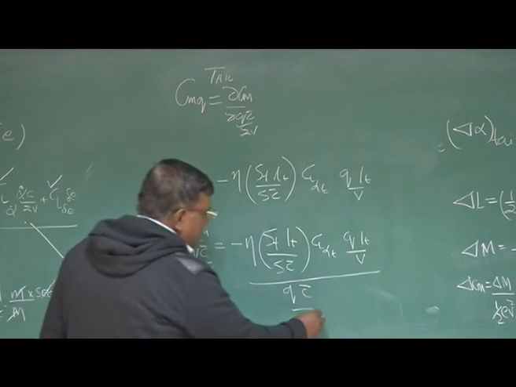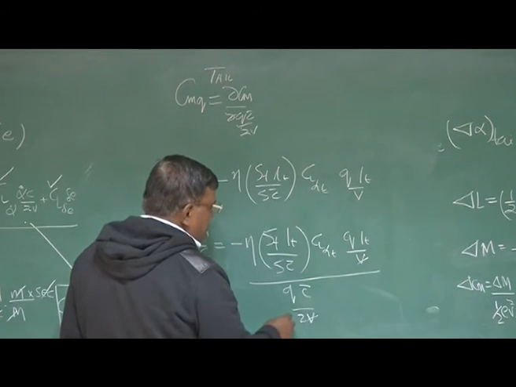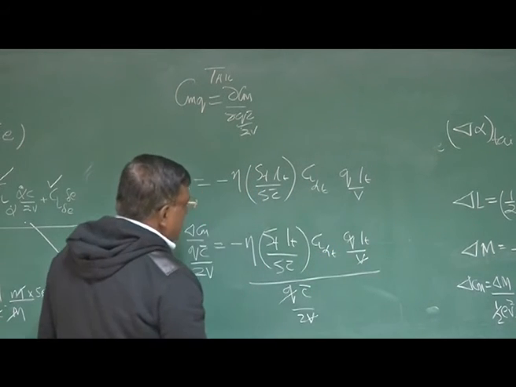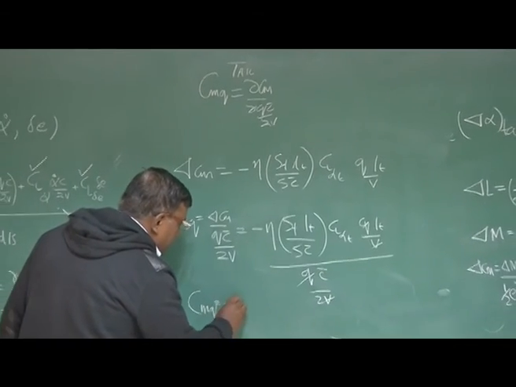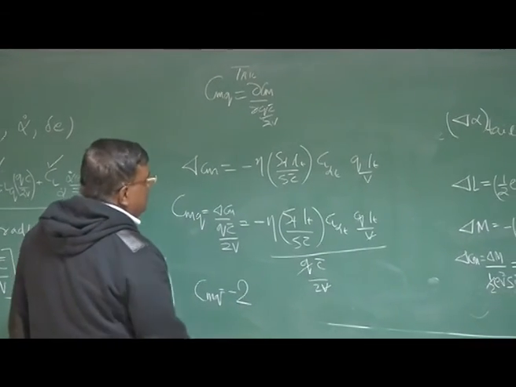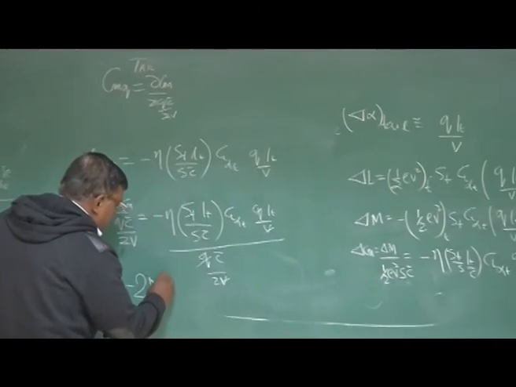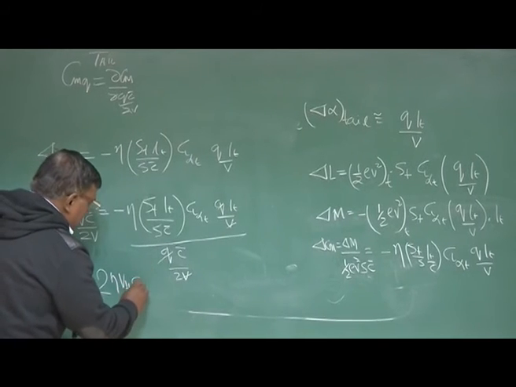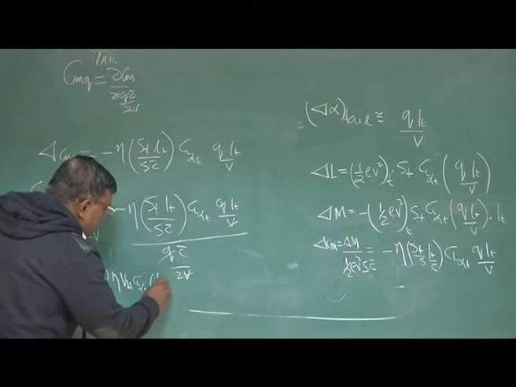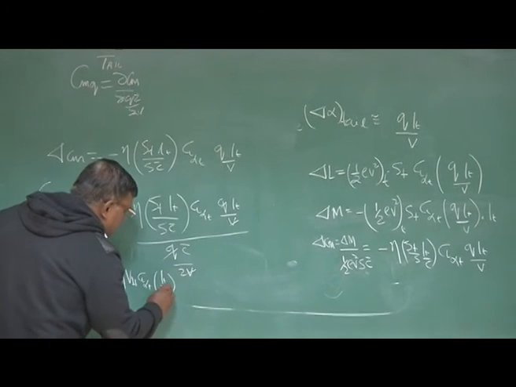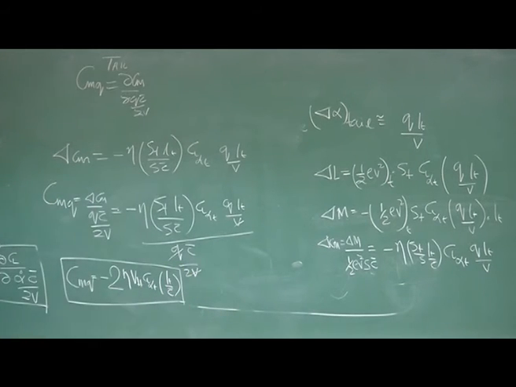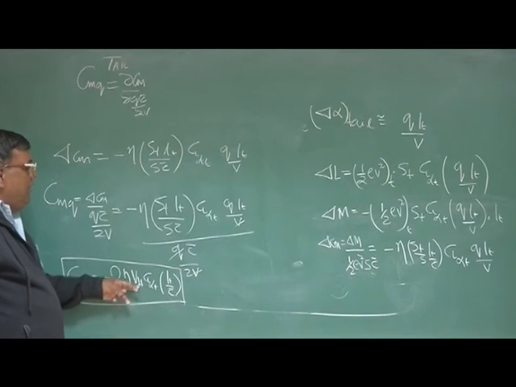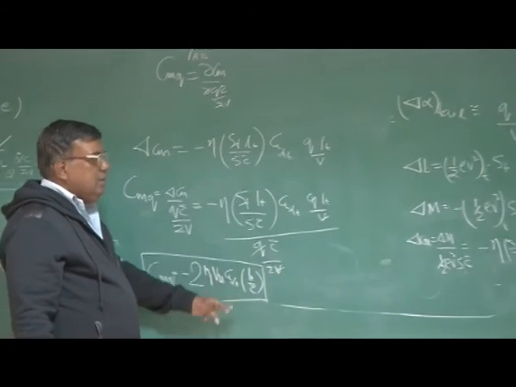You could see V gets cancelled, Q goes. So you have C_mq as minus 2 eta V_H C_L alpha tail into L_T by C bar. Such a neat expression. What is C_mq? C_mq is minus 2 eta V_H C_L alpha tail L_T by C bar.